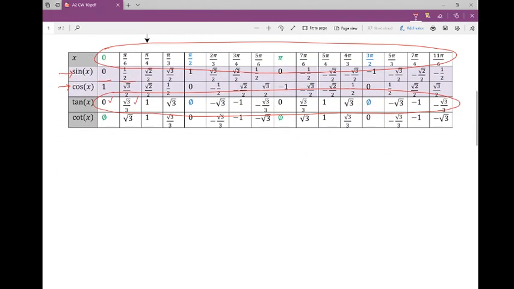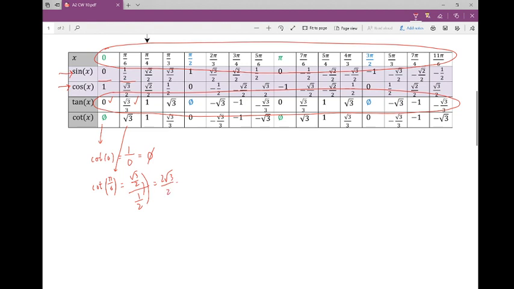So if I look at this, for example, cotangent of 0 is going to be the cosine value, which is 1, over the sine value, which is 0, and that's why we got undefined. If we look at cotangent of pi over 6, cosine of pi over 6 is square root 3 over 2. Sine of pi over 6 is 1 over 2. If you notice that they both have a denominator of 2, we could cross that off.